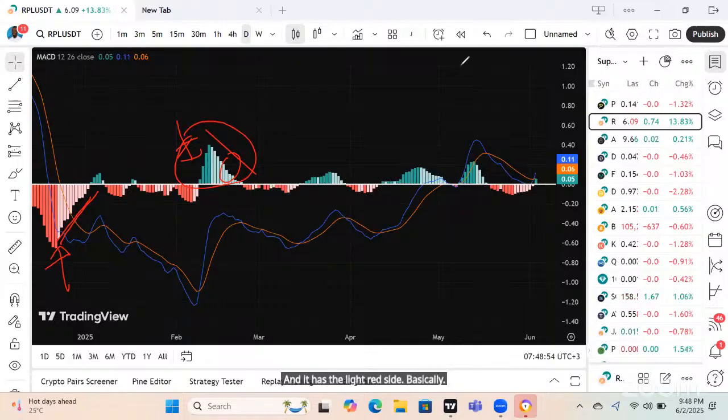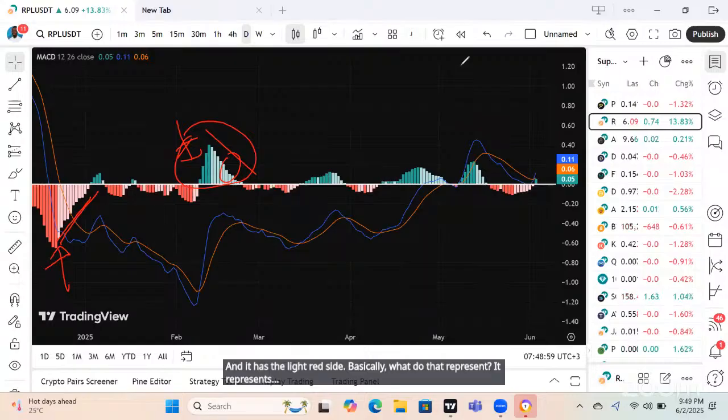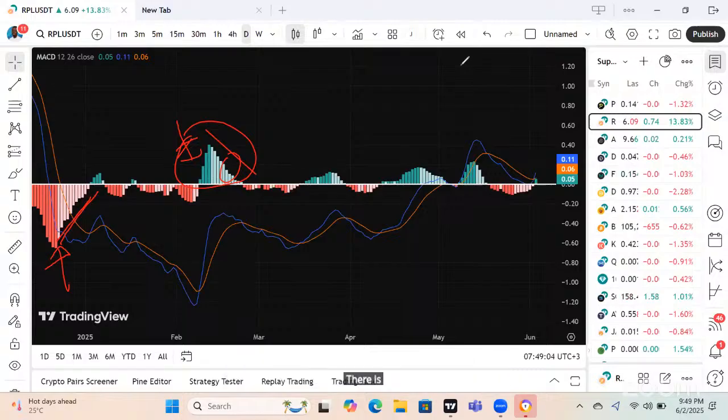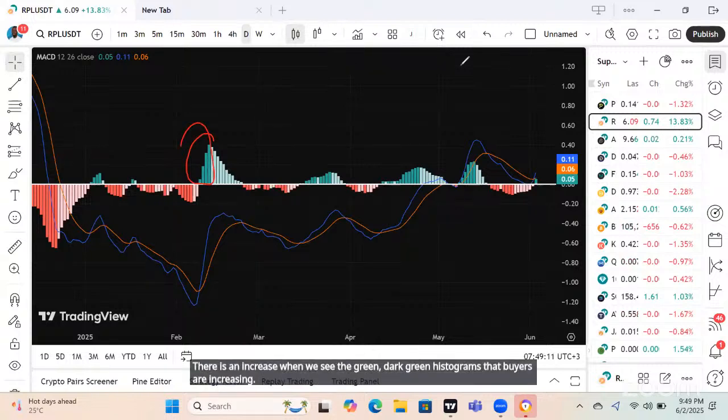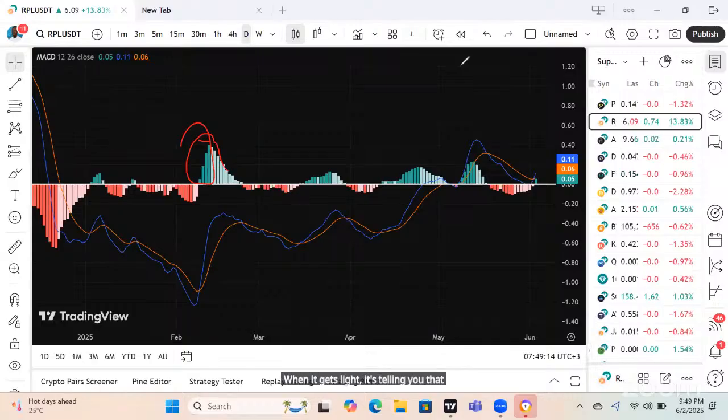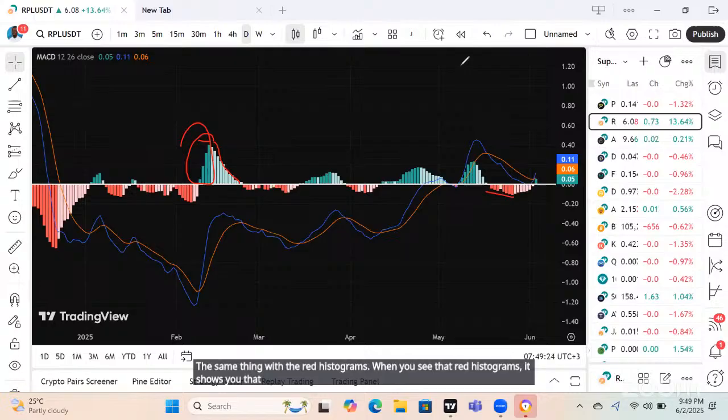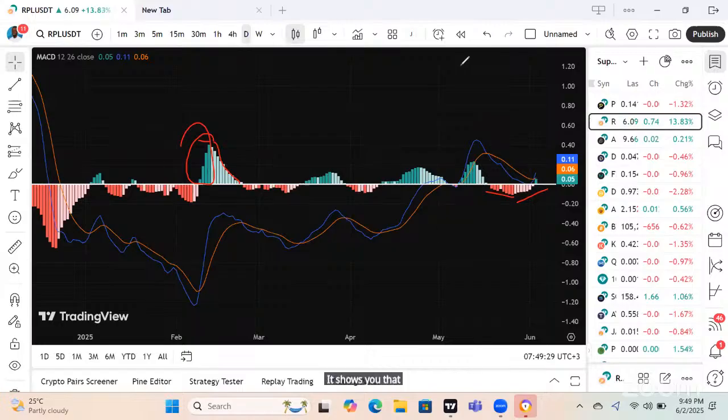Basically, what do that represent? It represents increase and decrease in volume respectively. There is an increase when we see the dark green histograms that buyers are increasing. When it gets light, it's telling you that buyers are decreasing. The same thing with the red histograms. When you see the dark red histograms, it shows you that sellers are increasing. And when you see the light histogram, it shows you that sellers are decreasing.